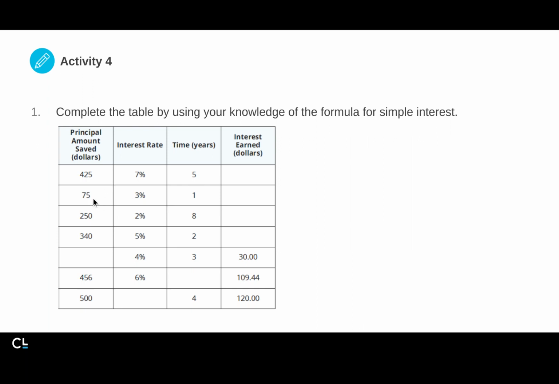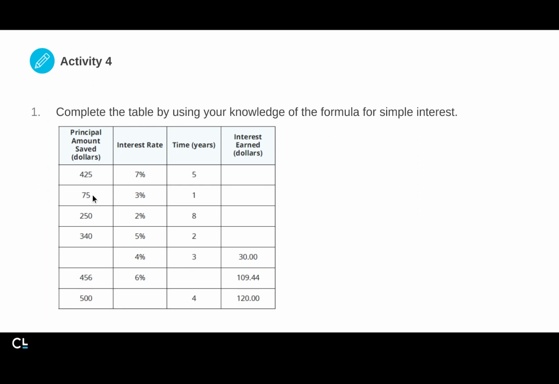So how much interest in dollars? If I started out with $75 in my account and they told me that after 1 year you'll have an interest rate of 3%, how many extra dollars will I have, or how much extra money will I accrue over that time? Well, I will accrue 75 times 0.03 times 1, right, is $2.25.